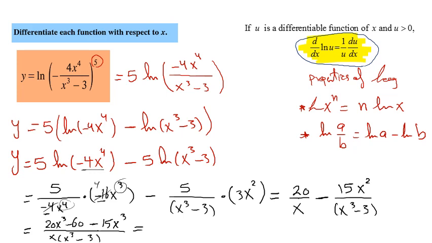So it's x multiplied by x power 3 minus 3, and 20 minus 15 is 5, so it's 5x power 3 minus 60. If we take 5 as the highest common factor, it's going to be x power 3 minus 12, which is not factorable, so this is the simplest form.